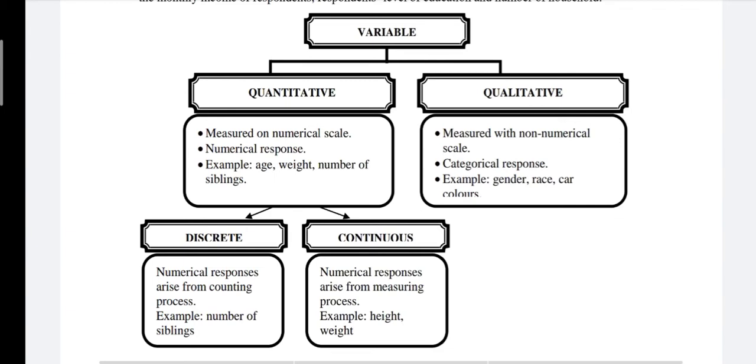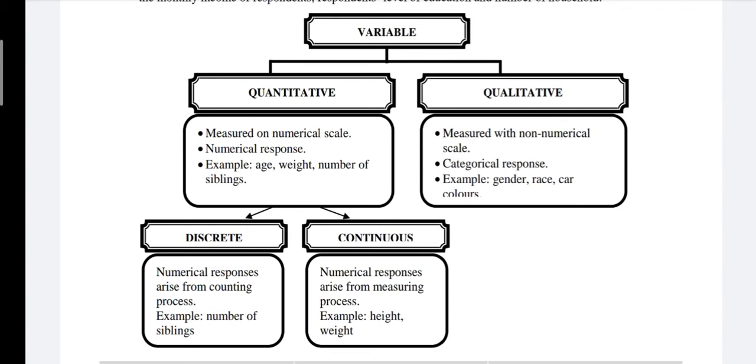Discrete tak boleh express dalam bentuk decimal places. Contohnya tadi kan number of children, tak boleh kata anak ada 2.5 orang anak, tak boleh. Number of siblings, tak boleh ada 1.5 siblings. Okay, that is the beza antara discrete dan continuous.